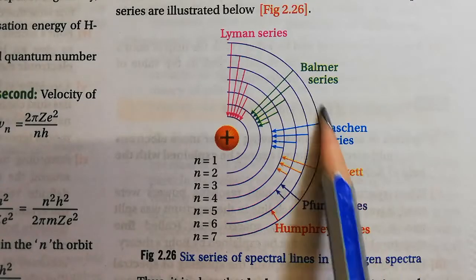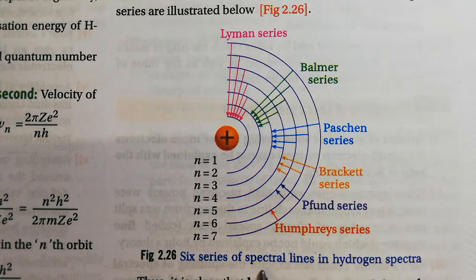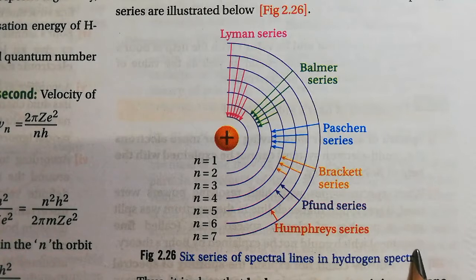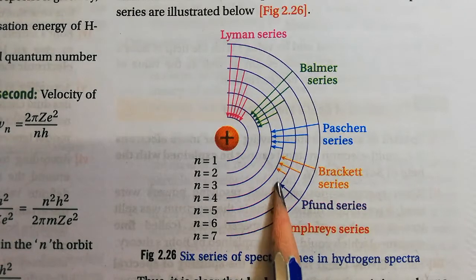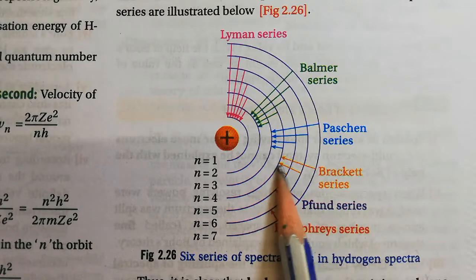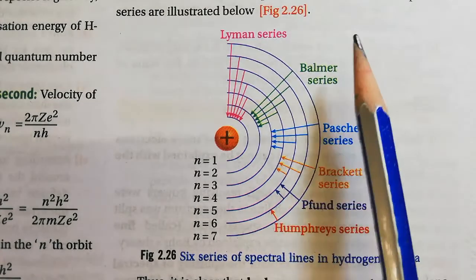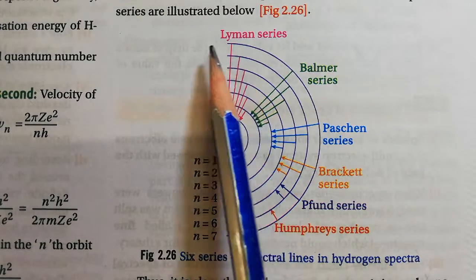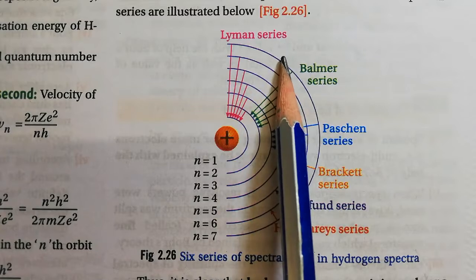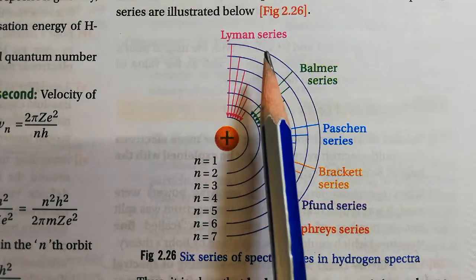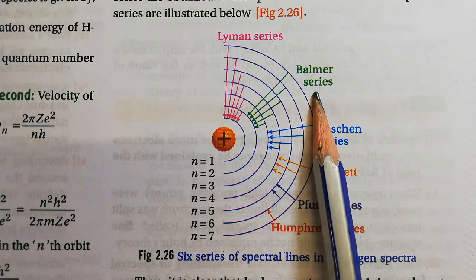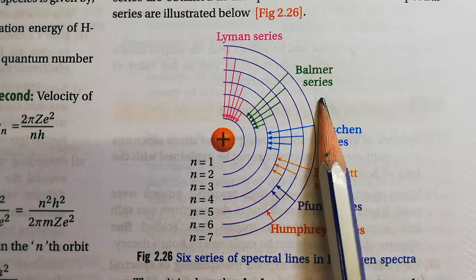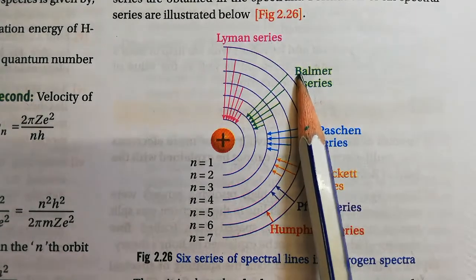Let's try to understand this figure: six series of spectral lines in the hydrogen spectrum. These different series are obtained whenever an excited electron jumps from a higher shell to a lower shell. The Lyman series is obtained whenever an electron jumps from any higher shell to the first shell. The Balmer series is obtained when an electron jumps from any higher shell to the second shell.